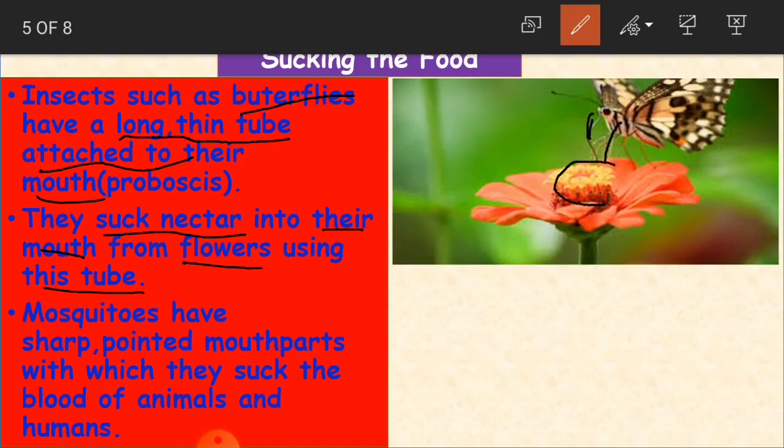Where is the nectar? It is on the flower. The flower contains nectar. Nectar is a type of sugar syrup which is in the flowers, here in the pollen grains. So this nectar is sucked by their mouth using this tube.